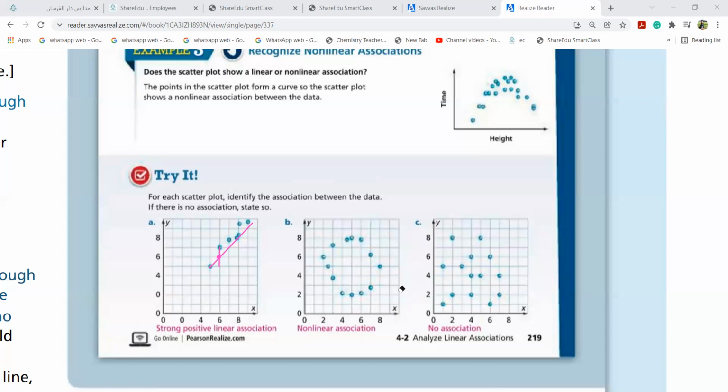Page 219, Taline. First one, strong positive linear association. Second, B is non-linear.